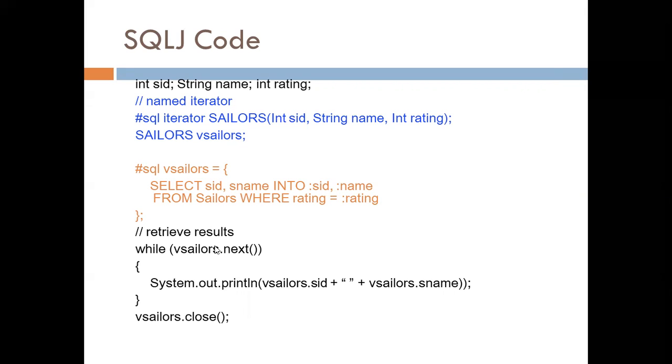Then, to extract the result, we use a while loop with vSailors.next. Then we can access the individual attribute values using vSailors.sid, vSailors.sname, or for rating, vSailors.rating. Finally we can close this particular iterator. When we use an iterator, it looks very simple to us and also similar to the result set methodology.